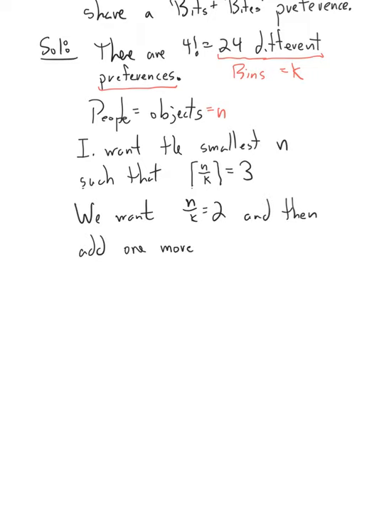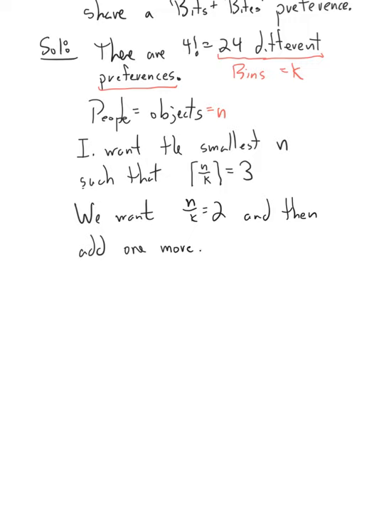Because this will put all of our n people into 24 bins so that there are exactly 2 in each bin. The average number of people in a bin is 2. But if we add one more, well, there has to be one bin that has 3 people.